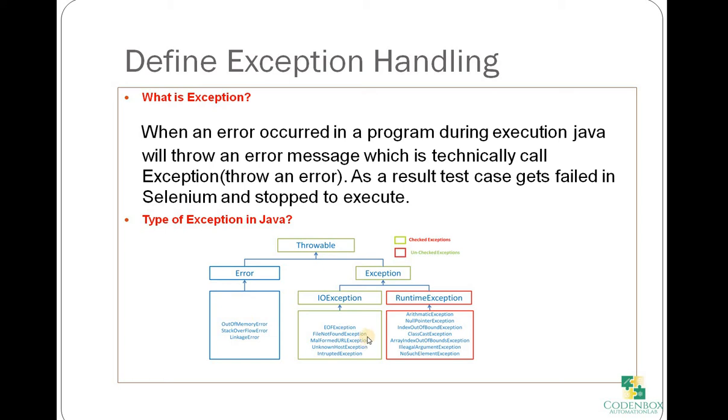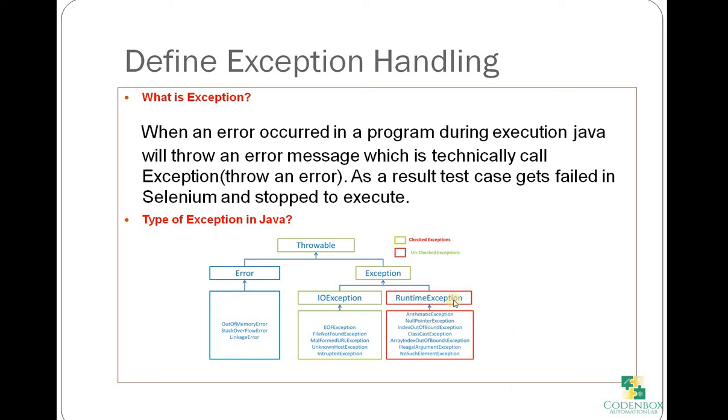For example, if in your test cases you are reading data from an external file, but the path or directory of the file is not right, it will throw a file not found exception. Others are unknown host exception, interrupted exception, and malformed URL exception. Those are called IO exceptions.